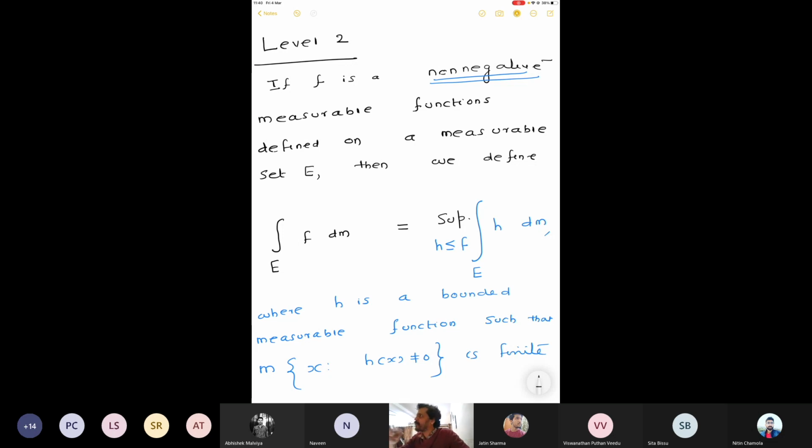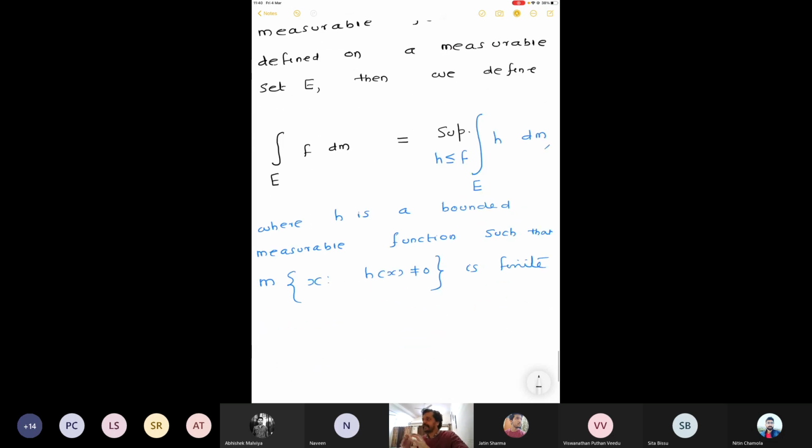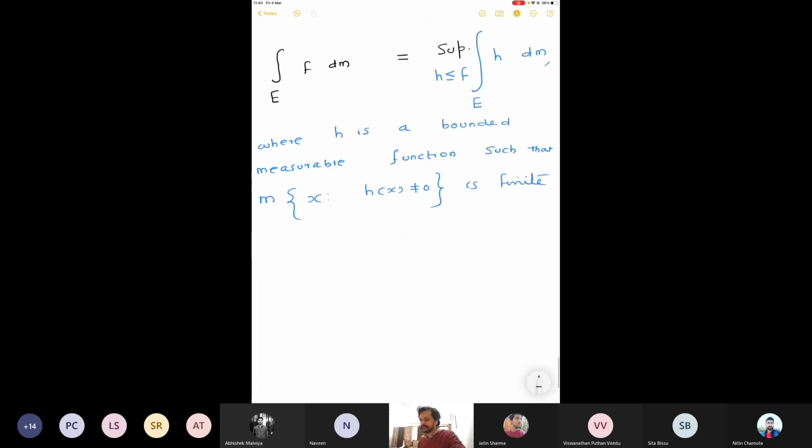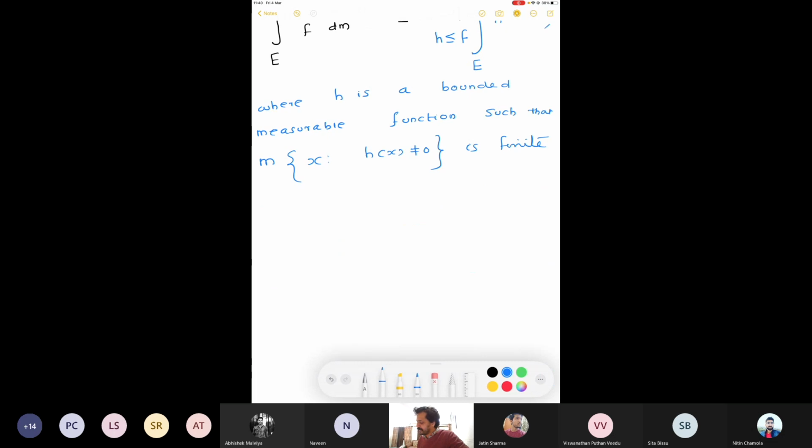Potentially the function could be unbounded. We don't need the measure of the set over which integration is done to be finite. But what we need is non-negativity. And then you make use of available knowledge. Available knowledge is not now just integration of simple functions. We know how to integrate bounded measurable functions. Make use of that. Now let me make a note here.